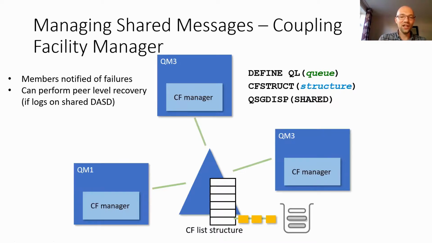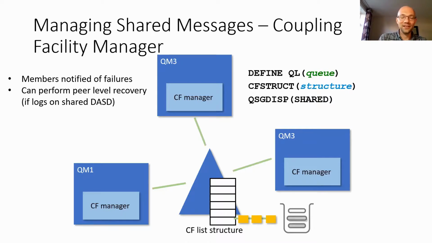Now, a shared queue, as it's known, the queue itself is available to all queue managers that are part of the queue sharing group. Also, the same messages on those queues are available to all the queue managers in the queue sharing group. So it's really the highest level of availability that you can get for both the queue and the messages on those queues.